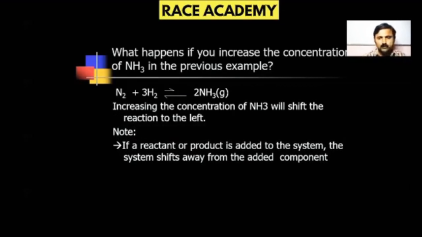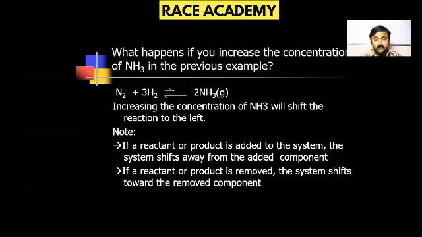If a reactant or product is added to the system, then the system shifts away from the added component. So when you add anything to the right side, it moves towards the left side; when you add anything to the left side, equilibrium moves in the opposite direction. That is Le Chatelier's principle.